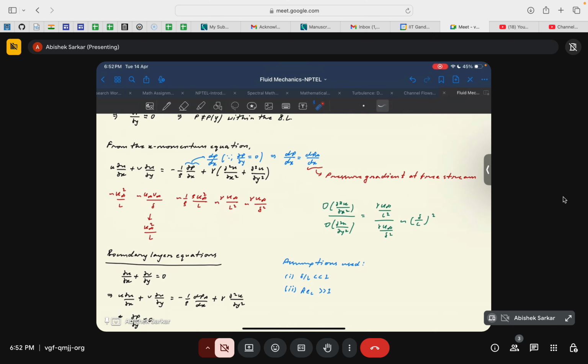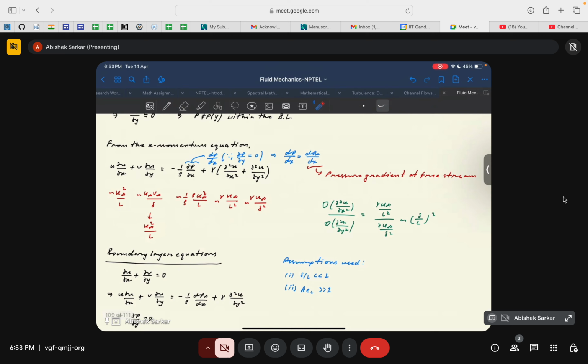But the same cannot be said for all other terms. Even though one term scales as u infinity squared by L and the other as u infinity by L squared, at least in terms of the numerator, the first scales much higher than the second. Moreover, the viscous term also has a product with the viscosity nu, which is usually very small in the case of high Reynolds number flows.